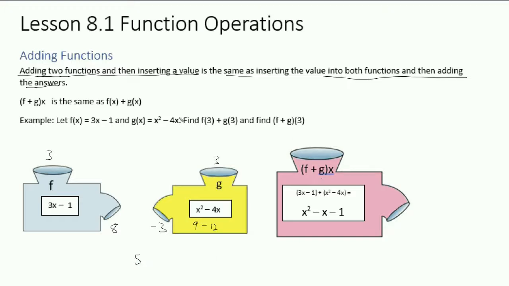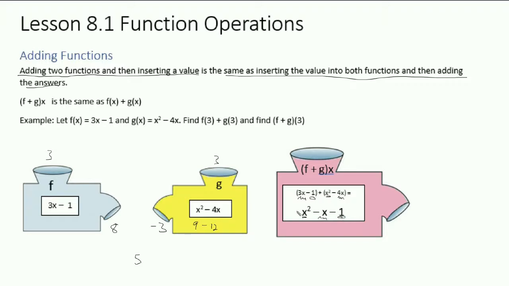The other thing is saying plug 3 into f plus g of 3. So it's saying actually add our two functions together. We're going to add f of x, which is 3x minus 1, plus g of x, x squared minus 4x. We're going to look for like terms. We have an x squared here. We have a 3x minus 4x, so that's where the negative x comes from, and then just a negative 1, so minus 1.